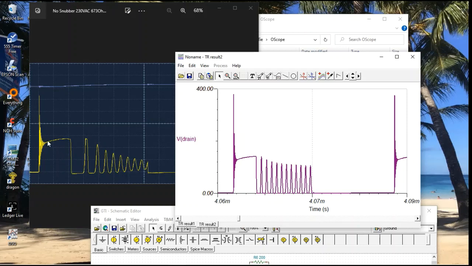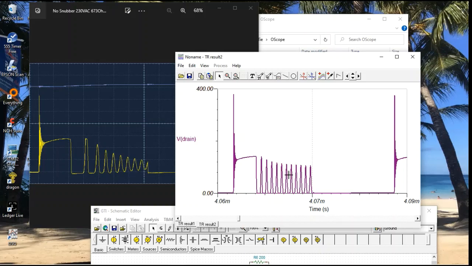Look at how this actual ringing is here. This is the resonance with the leakage inductance, and this is the resonance with the leakage inductance, and then you come into the discontinuous mode where this is resonating with the primary inductance and then the drain capacitance.